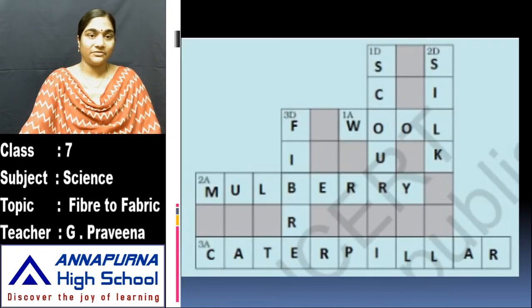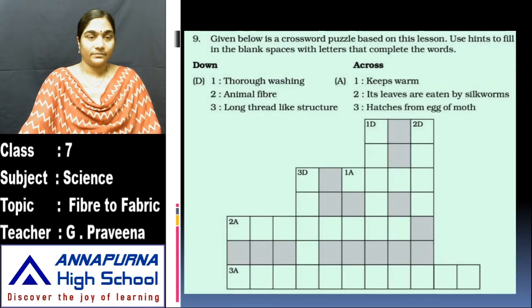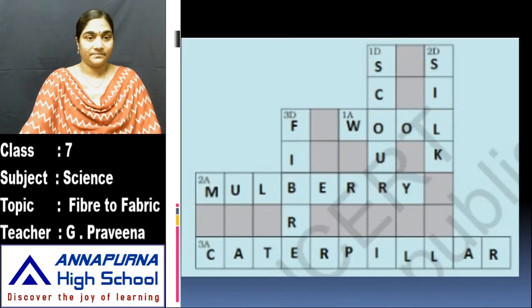The answer for that is 2D. It is silk. And what are the long thread-like structures called? It is the fiber.